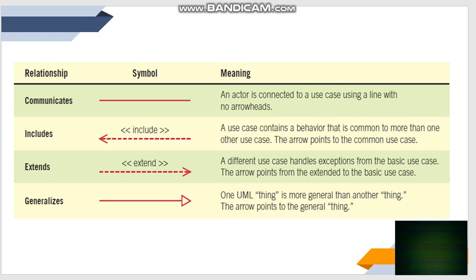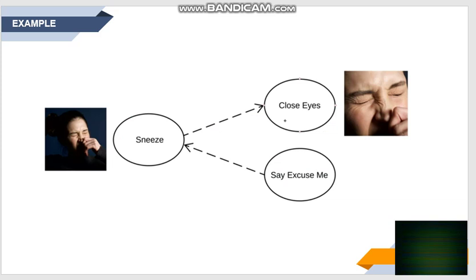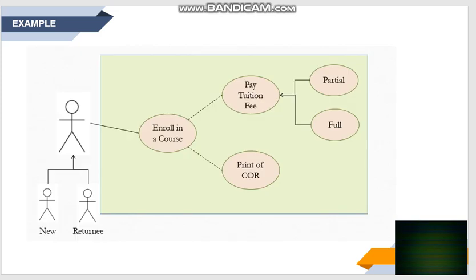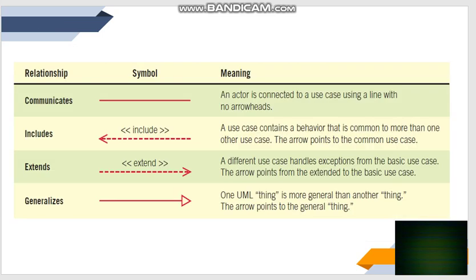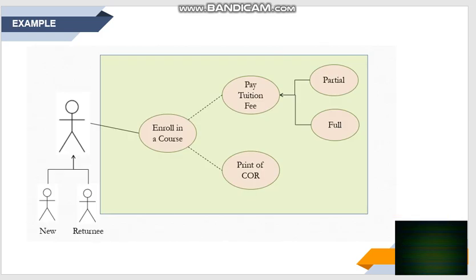It means that a different use case handles exceptions from the basic use case. The arrow points from the extended to the basic use case. And lastly is the generalizes. It means that one UML element is more general than another. The arrow points to the general thing.